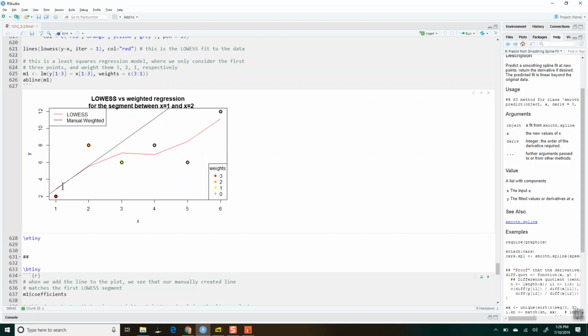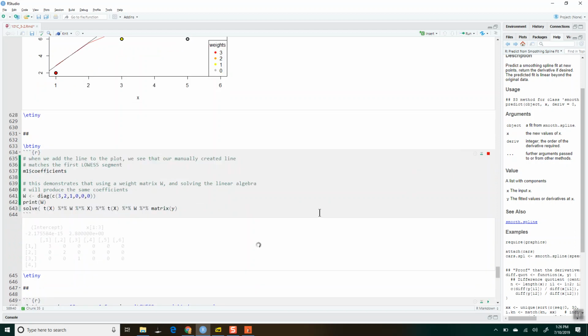We fit a weighted linear model just on these 3 points, and we can see that this line really does try to minimize the residual here, and it's okay if the residual is bigger for these other points. The points with weight 0 don't matter, because the residual there is crazy big, and an ordinary linear model would never allow that. But because it's weighted and only on these 3 points, the local fit basically lines up with the lowess curve right there.